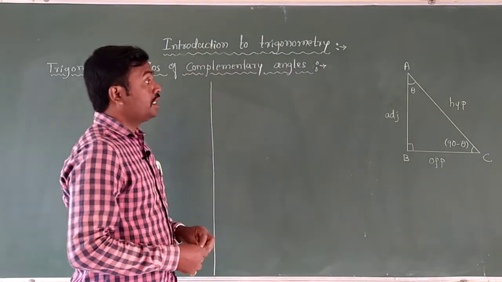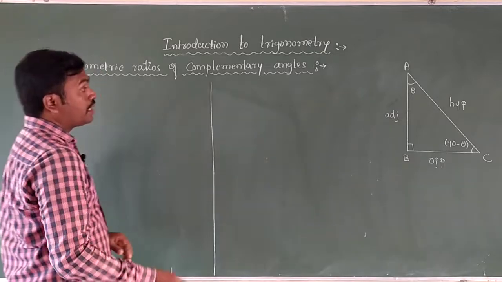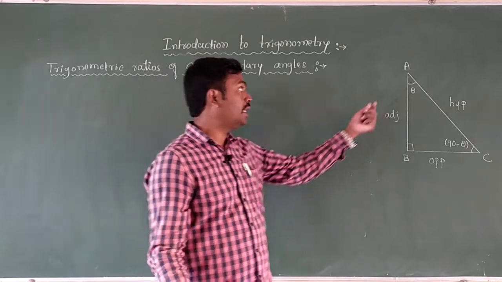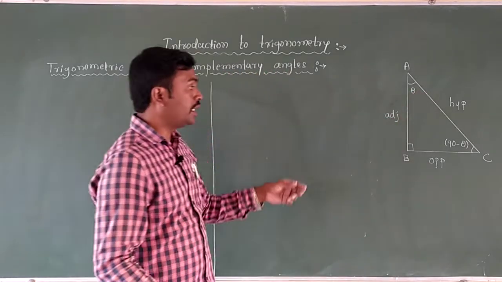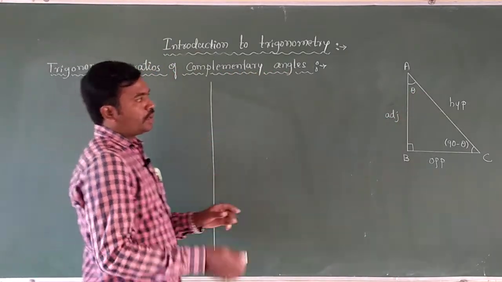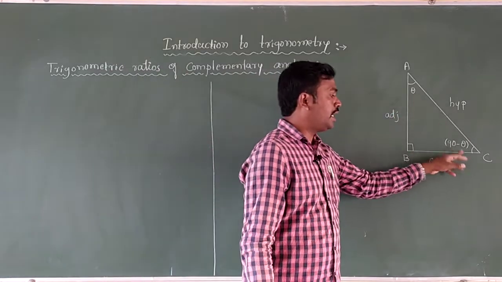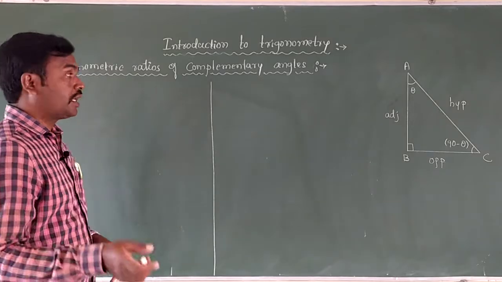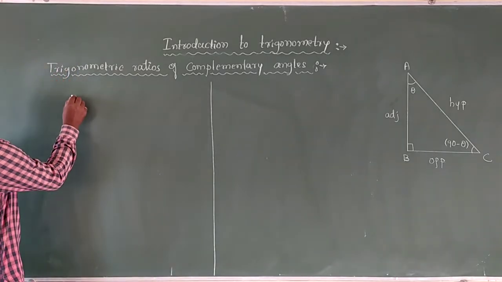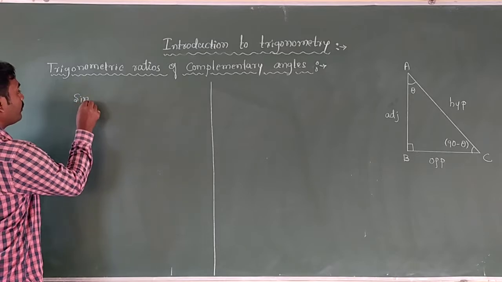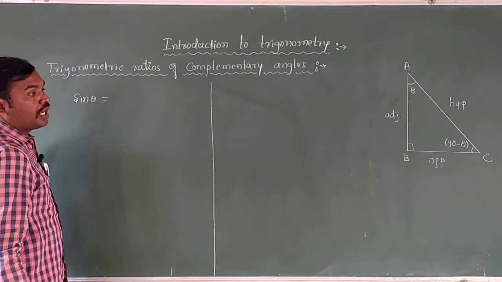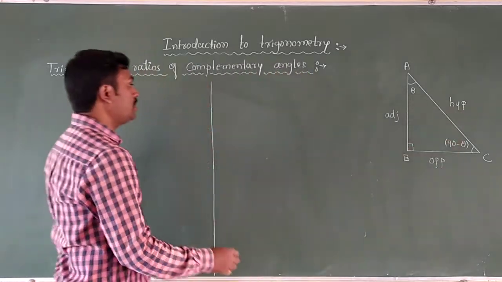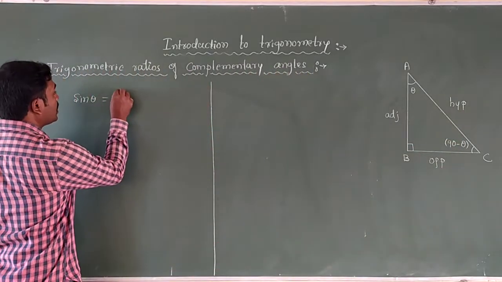So let us write the trigonometric ratios of complementary angles. Before that, let us write the trigonometric ratios of angle theta, and then the ratios of angle 90 minus theta. Here we know that sin theta is opposite by hypotenuse, that is BC by AC.